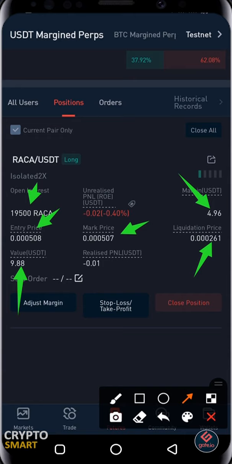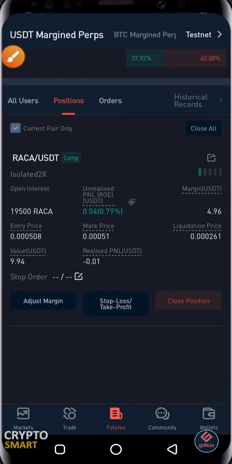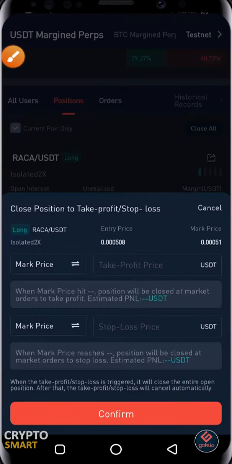This one changes, and this is my unrealized profit and loss. This is so interesting. Another thing you can do is to click on this. Is that okay? So clicking on this, it will help you to better set up your trade, and it will show you a kind of a live view of what is happening.